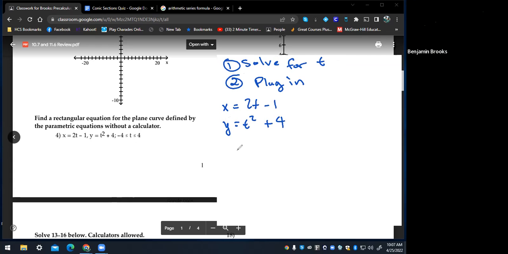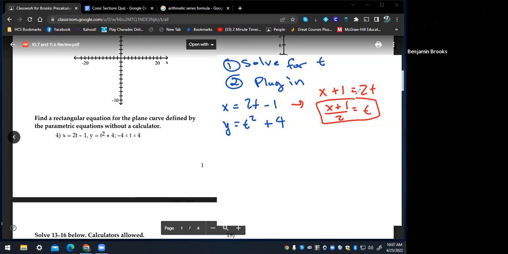Now, in this particular situation, which one of these do you think is going to be easiest to solve for t? X, absolutely. And if we solve for t here, we get x plus 1 equals 2t, and then you end up with t is equal to x plus 1 over 2.